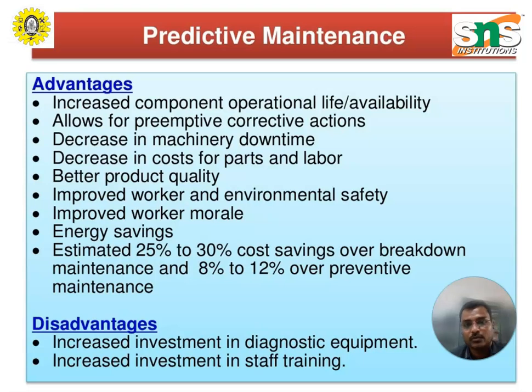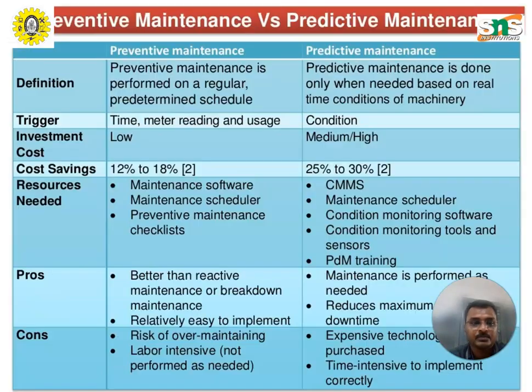Product quality will be improved because of predictive maintenance like thermal analysis and vibrations. Energy savings and an estimated 25% to 30% cost savings over breakdown maintenance. Disadvantages are increased investment in diagnostic equipment and increased investment in staff training.